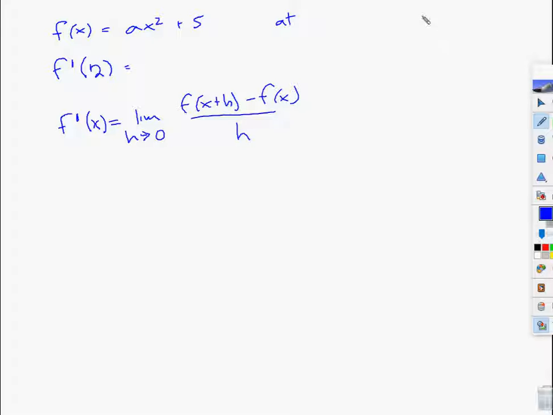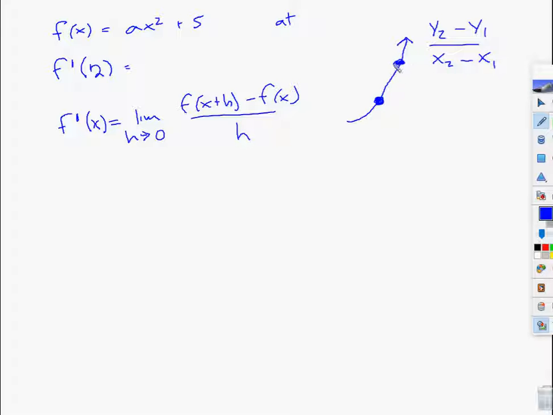Now, how is this a slope? Because yesterday we talked about, well, slope is change in y over change in x. And we're taking this limit as h approaches 0. We want the slope of the tangent line. So if we have a function that looks like this, and we want the instantaneous velocity at this point, or we want the slope of the tangent line at this point, well, in order to do slope, we need 2 points.